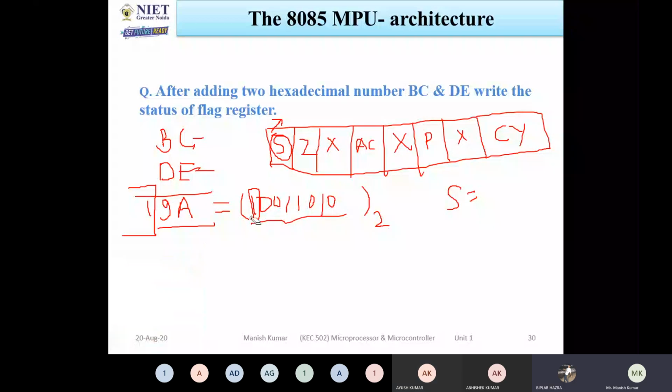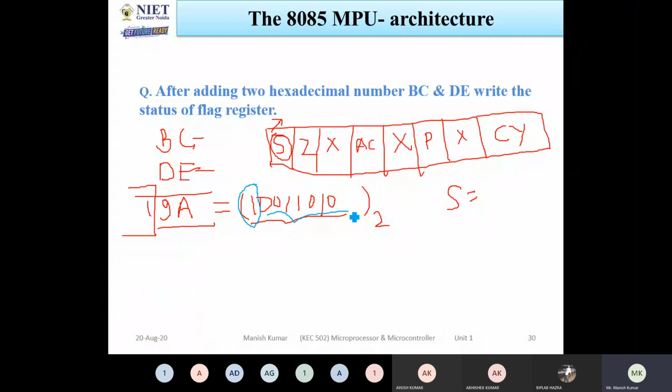Yes, sir. Okay, so the MSB bit is showing 1. It means that this number is negative. For signed numbers, what will happen?